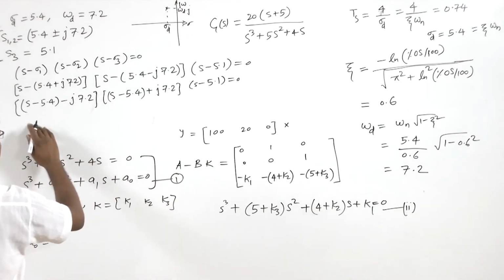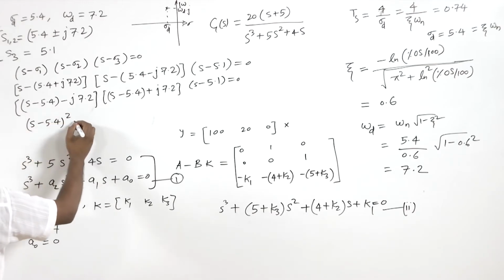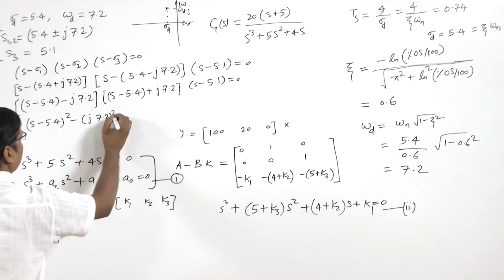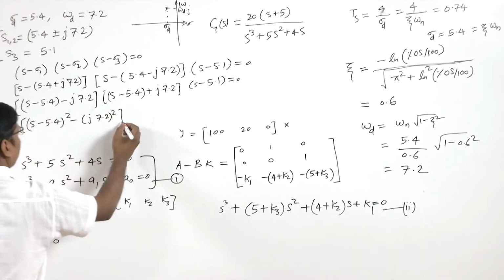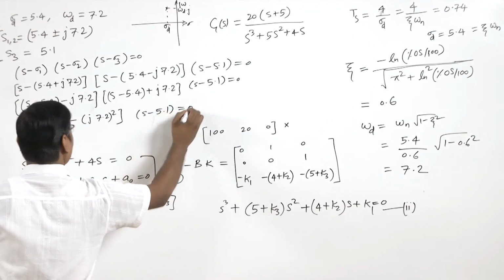So this we can write (S minus 5.4) square and minus j7.2 square into (S minus 5.1), that is equal to 0.